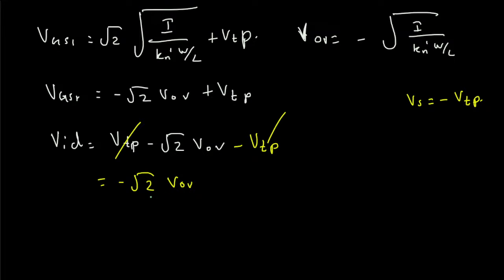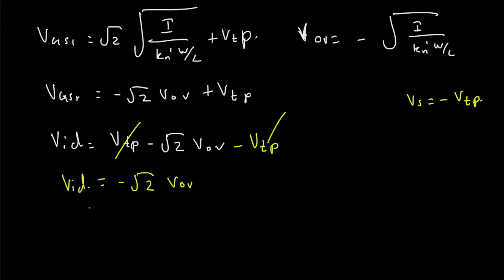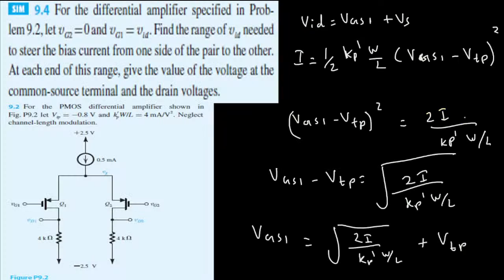And this equation for input differential voltage you can always memorize, because if you see a circuit and one of the sides is off, you always end up having this equation. VID, input differential voltage, is always going to be negative square root of 2 VOV. Let's say if you have the current flow equal, like let's say here we have 0.5. Currently we assume we are taking this one to be off and all the current is flowing through this.